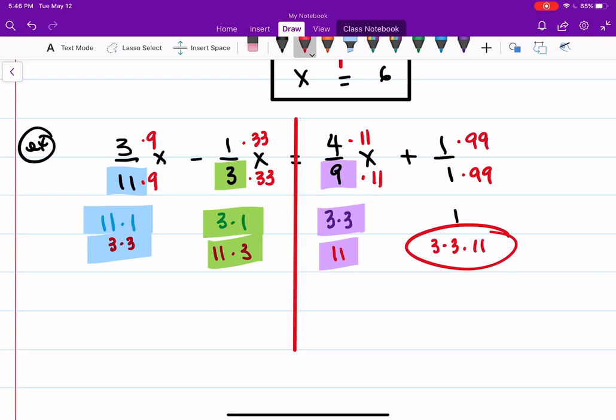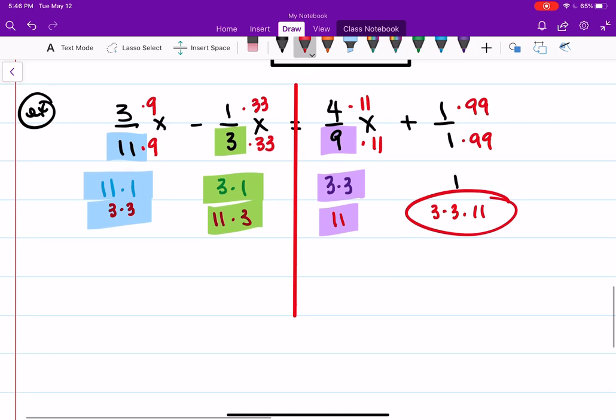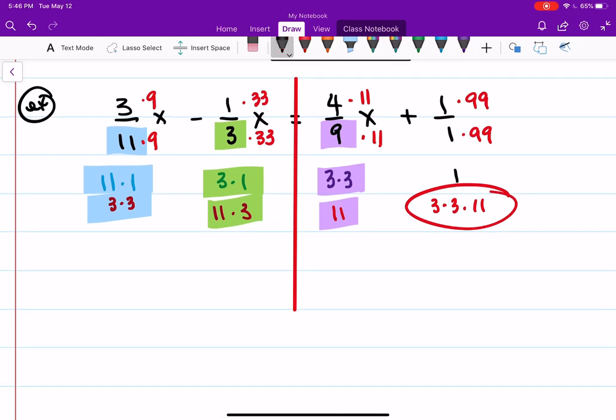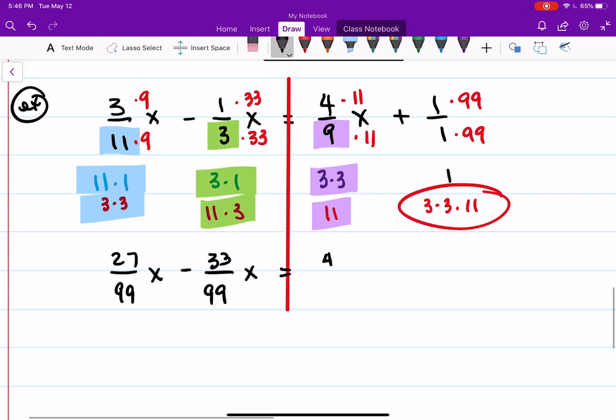All right, so let's bring this down. So what do I have now? I have a 27 over 99x minus 33 over 99x is equal to 44 over 99x plus 99 over 99.